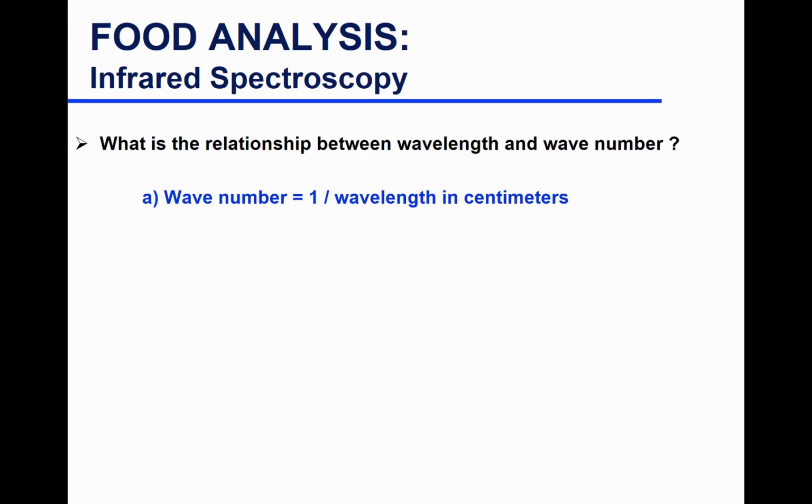The relationship between wave number and wavelength is that wave number is 1 over wavelength in centimeters. So when you see a plot of spectroscopy, you'll see that the unit is per centimeter, or centimeter to the negative 1.